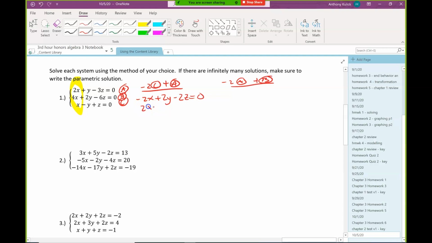And then a I just can recopy. So I have 3y minus 5z is equal to 0. Then negative 2a, and then b I'll just recopy.